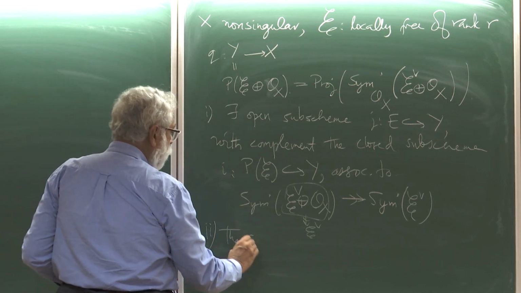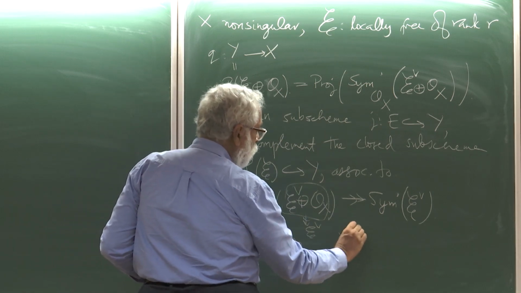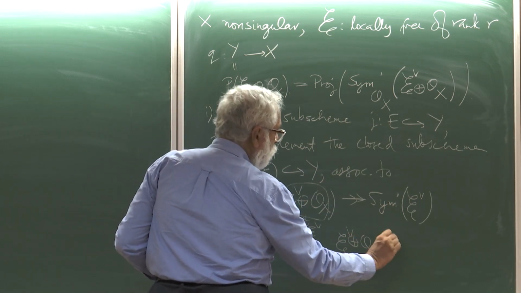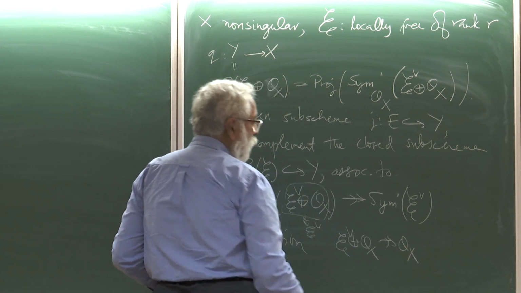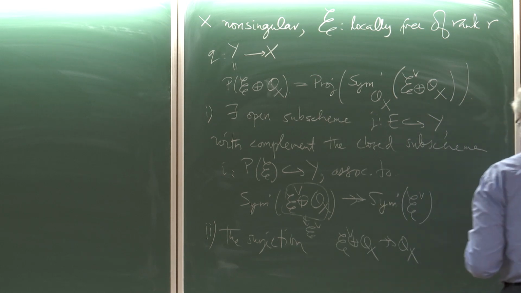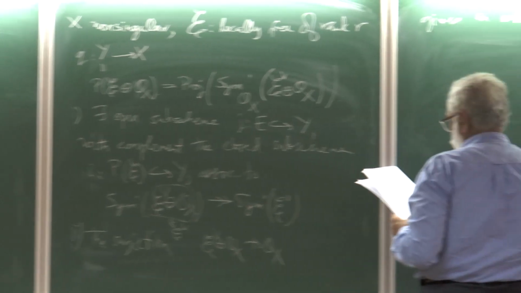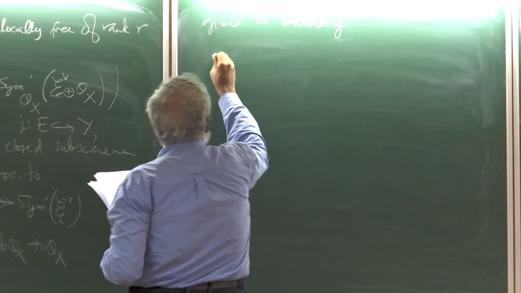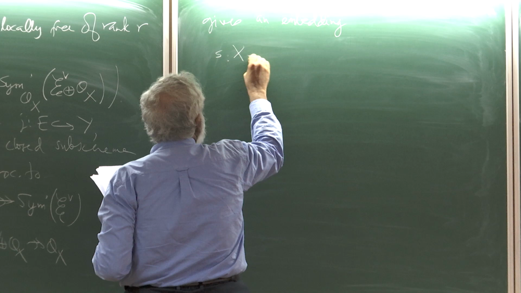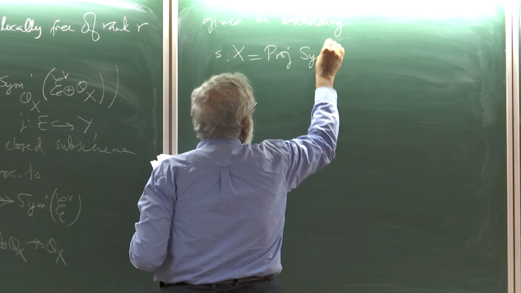The surjection gives another closed subscheme, an embedding, I guess I'll call it S from X, which is just the Proj of the symmetric algebra of OX.